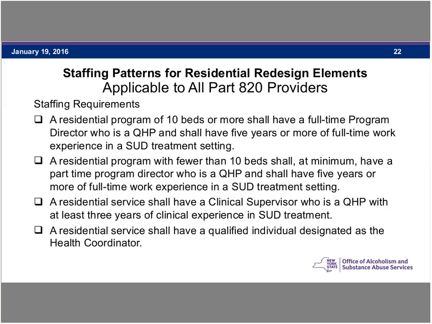A residential service should have a clinical supervisor who's a QHP with at least 3 years of clinical experience, and a qualified individual designated as a healthcare coordinator. What's really key to all of the elements that we're describing to you is that staffing can be shared between stabilization, rehabilitation, and the reintegration elements.